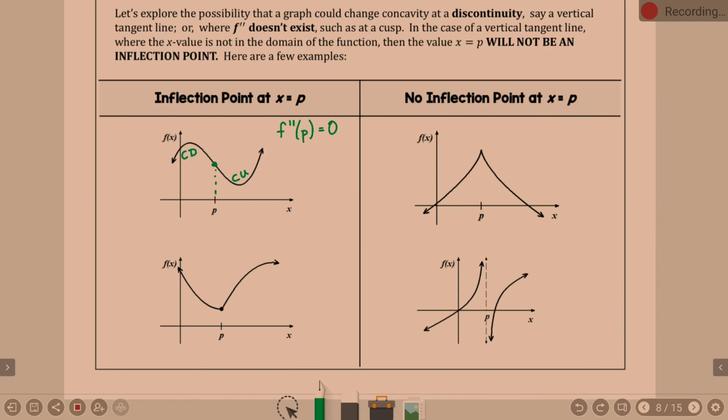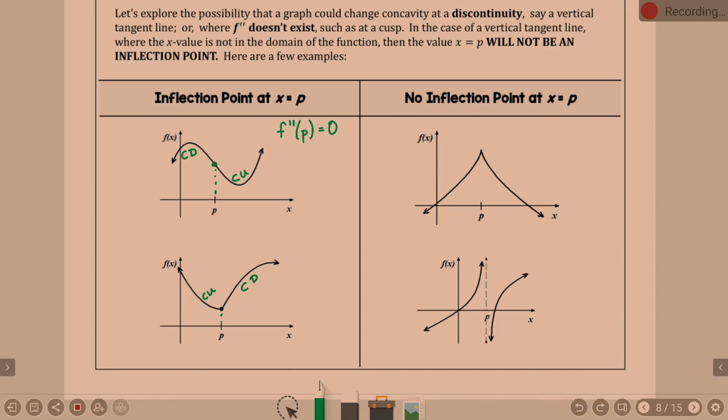This graph below it is also an example of an inflection point. It just looks totally different. My graph is still continuous. Technically it's not differentiable there, but over here on the left it is concave up because it's curved up, and over here on the right it is concave down where it's curved down.